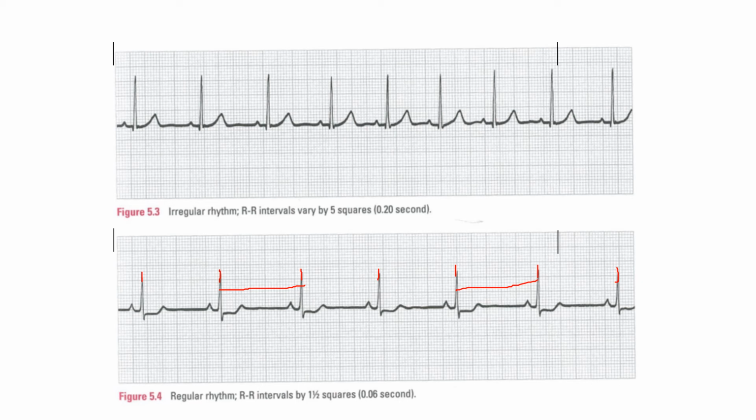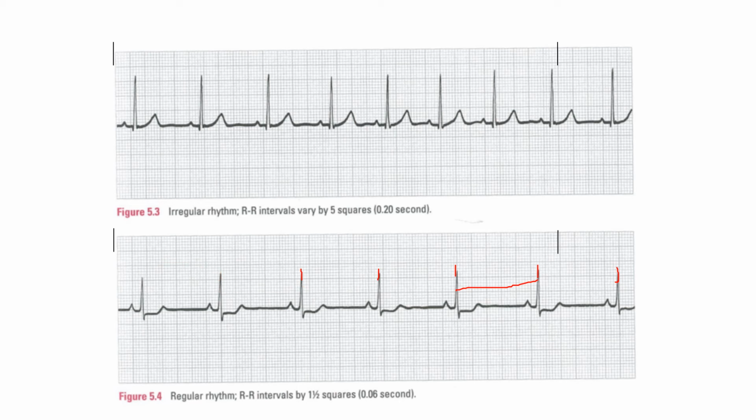That would be majority rule. And I believe there are 26 boxes between the R to Rs, which you look up in the back of the book. Look at 26 and look across, and that would give you a heart rate of 58.